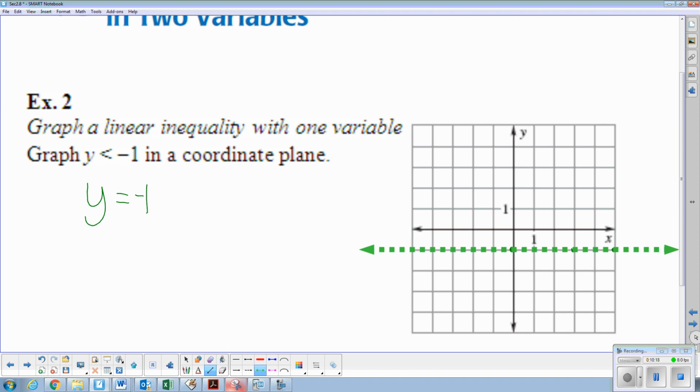Now let's pick any point in either of the half planes. It doesn't matter, you get to choose. Let's pick 0, 0, just because it's easy. Does this point, 0, 0, satisfy this inequality? Well, let's check. We don't have an x, but our y is 0. Is 0 less than -1? No. 0 is not less than -1. 0 is greater than -1. Therefore, this whole half plane is not a solution.